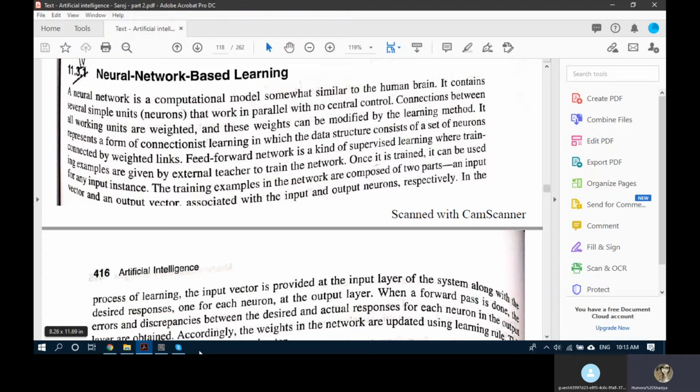Since then, neural networks became very prevalent, and they turned out to be the most successful models of machine learning and deep learning these days.